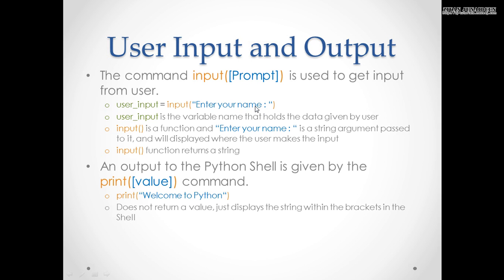For example, when this line of code is executed, the user will see enter your name, and once he enters it, the value will go to user input, and that can be used thereafter in the program. And talking about displaying values to the user, you can use the print command, and it also has an argument as a string, and this value can be any string, and you can use this to display information to the user.